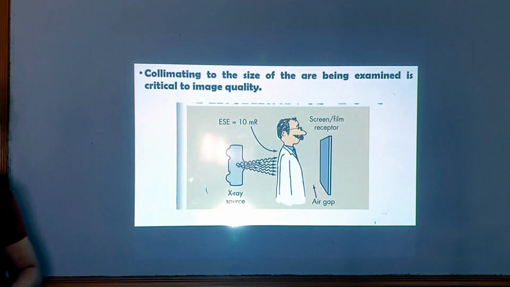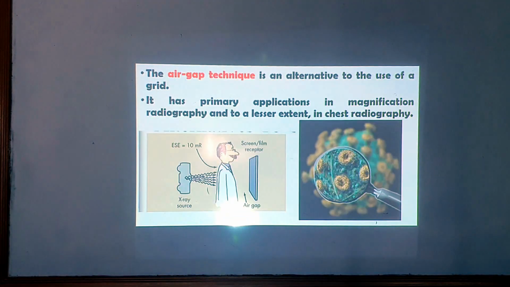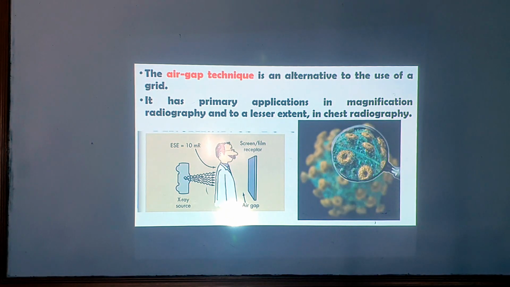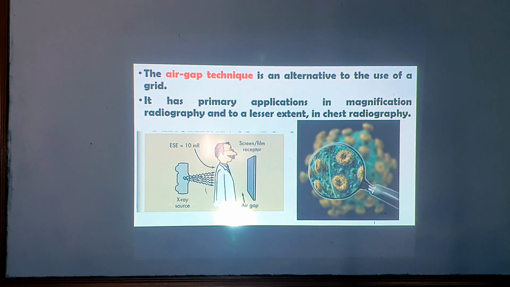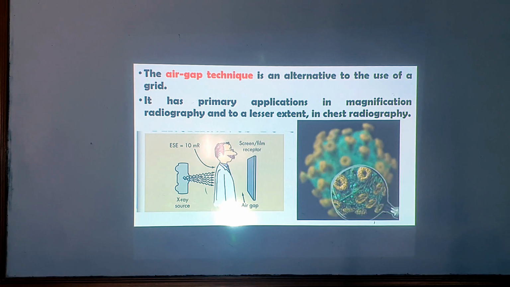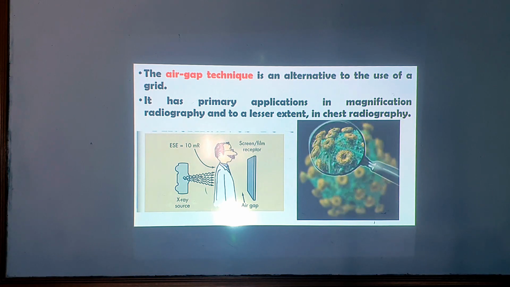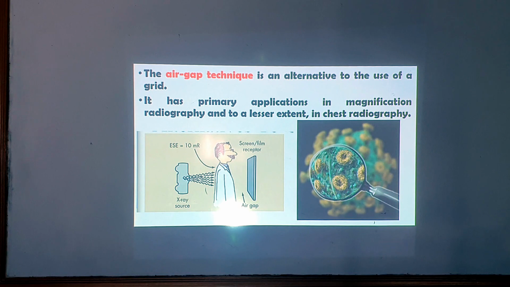All right, sir. So, an air gap technique is an alternative to the use of a grid. It has primary applications in magnification radiography, and to a lesser extent in chest radiography.